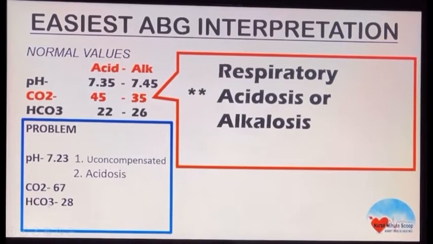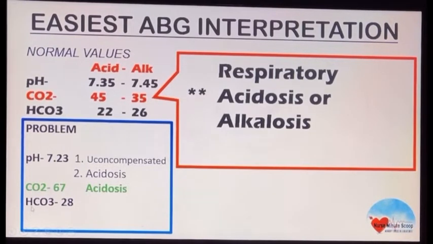So for this one, in our problem, the CO2 is 67. 67 is more than 45. So it's obviously acidosis because it's more than 45, right? So as you can see, CO2 67 is acidosis. So that's for our problem.